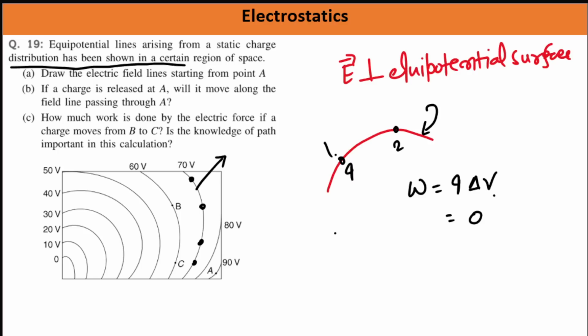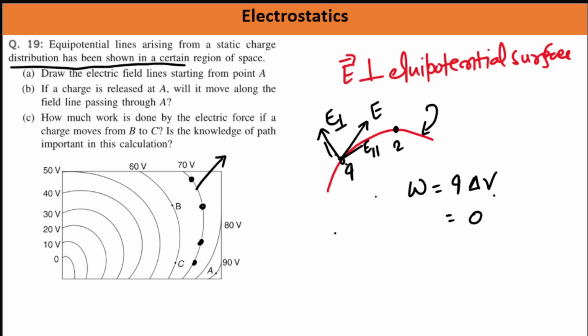And suppose at this point the electric field is something like this. In that case, the electric field will have a component parallel to the surface and another component perpendicular to the surface. If the electric field has a component parallel to the surface, then this E parallel will apply a force on the charge q, and in that case the work done to move this charge from point 1 to 2 won't be 0, right?